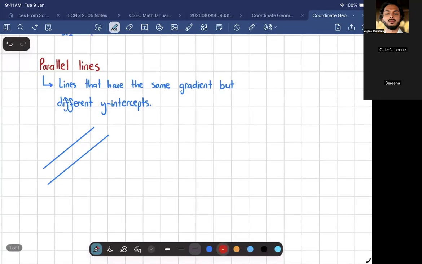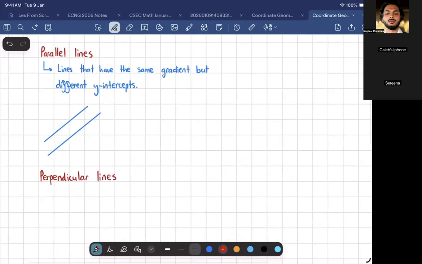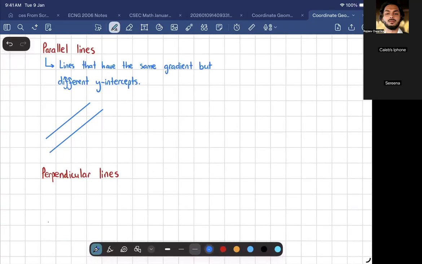And let's come down to perpendicular lines now. Do any of you remember what perpendicular means? That's it. It means it cuts at a 90-degree angle. Excellent. So if I had this line here, we could call this L1, that's line 1, and this would be line 2.